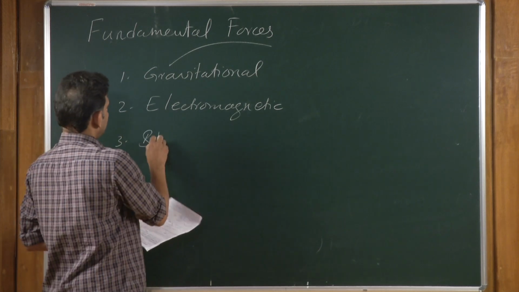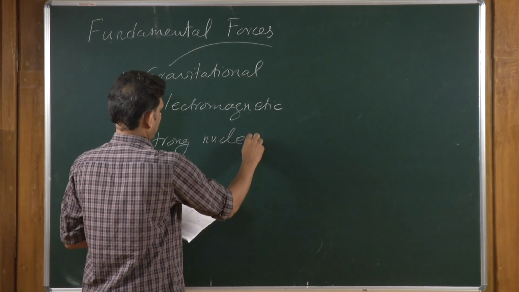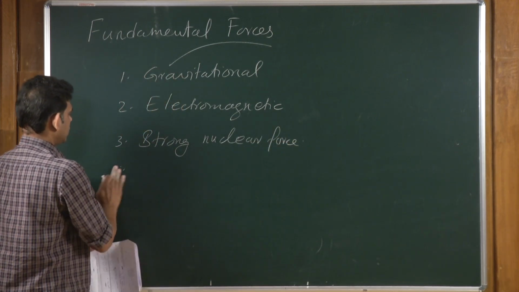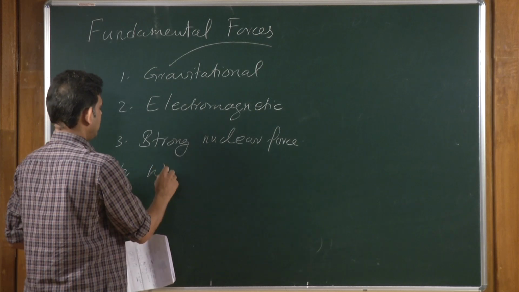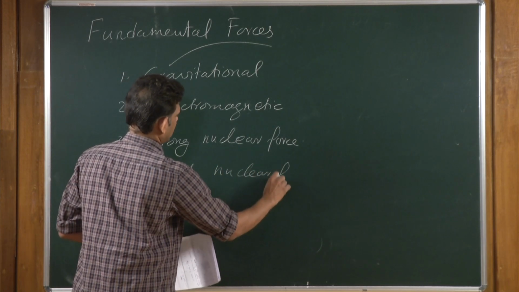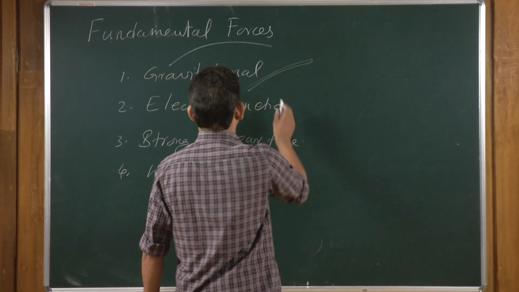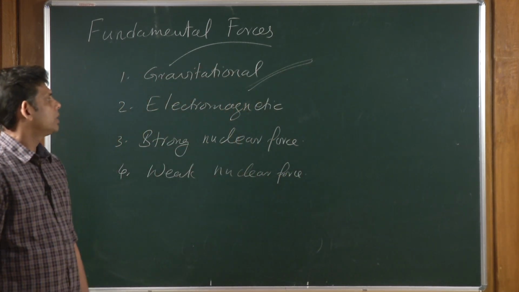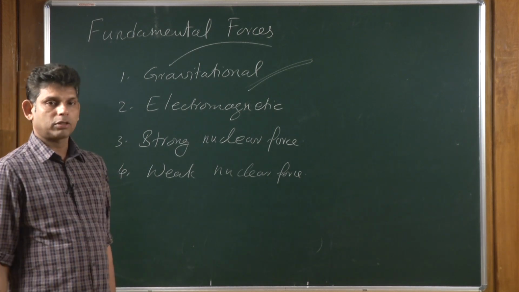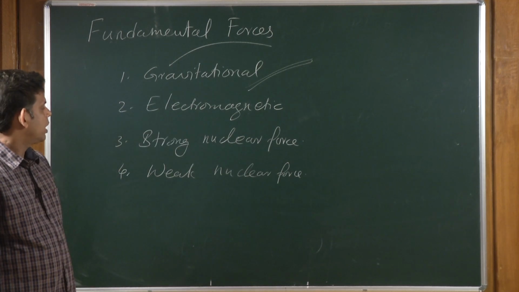And we talked about the strong nuclear force, and we also suggested that there should be some weak nuclear force. Gravitational force, we already saw, is too small compared to the electromagnetic force, and strong force has to be larger than the electromagnetic force, and weak force actually comes in between.